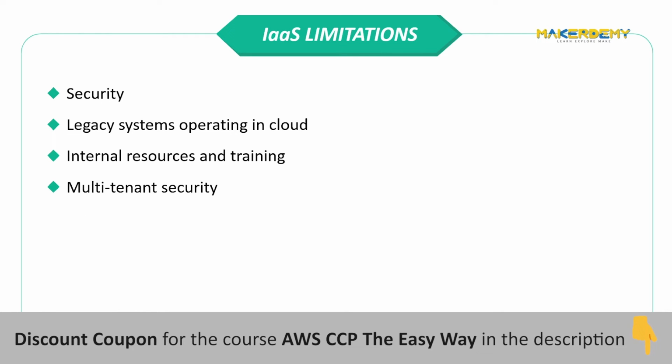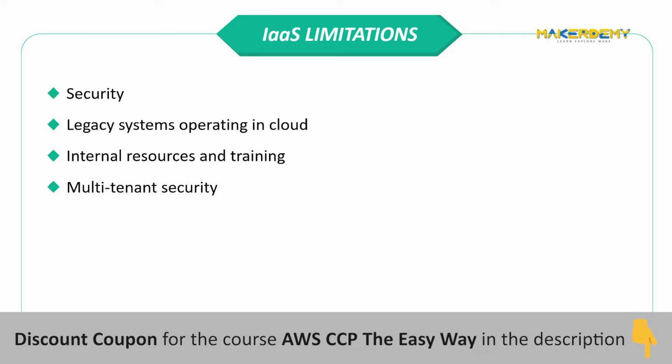IaaS limitations and concerns. Security. While the customer is in control of the apps, data, middleware, and the OS platform, security threats can still be sourced from the host or other virtual machines or VMs. Legacy systems operating in the cloud. While customers can run legacy apps in the cloud, the infrastructure may not be designed to deliver specific controls to secure the legacy apps.